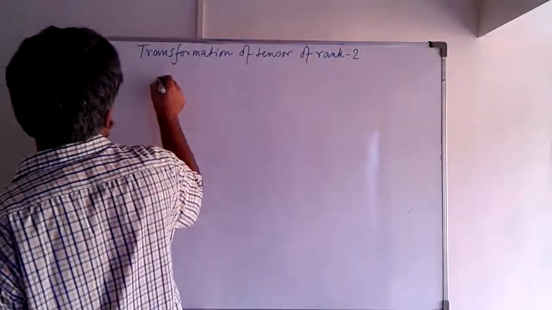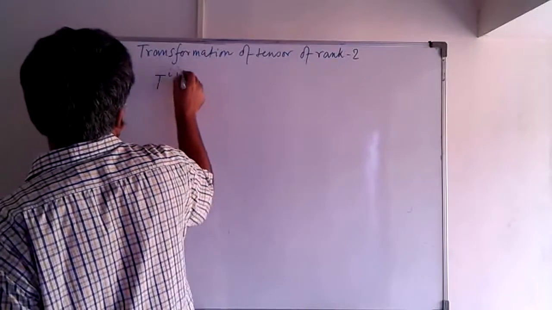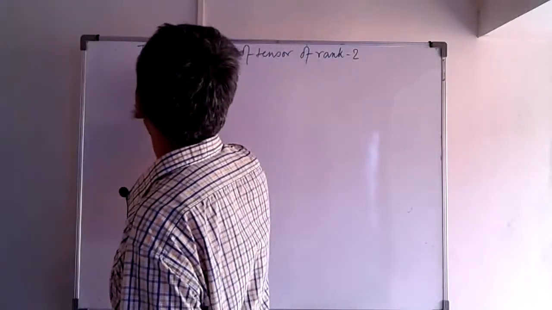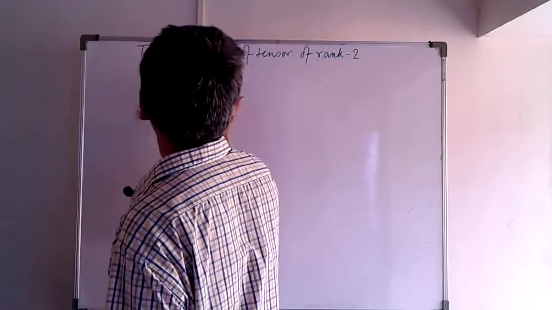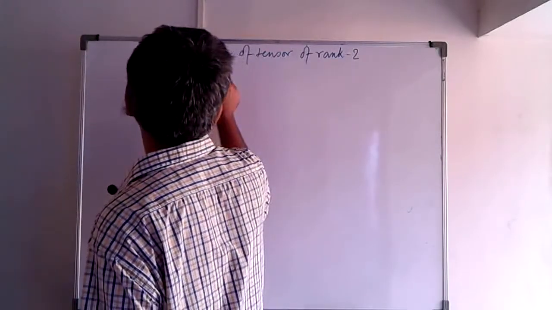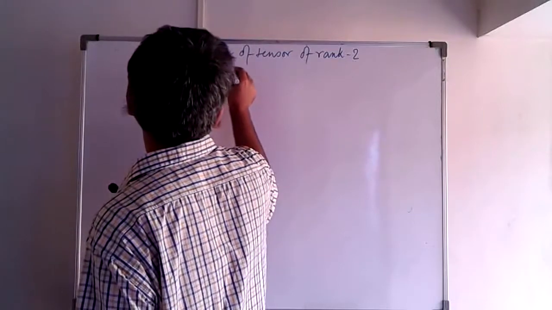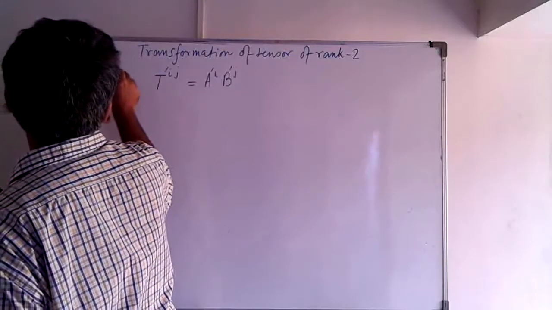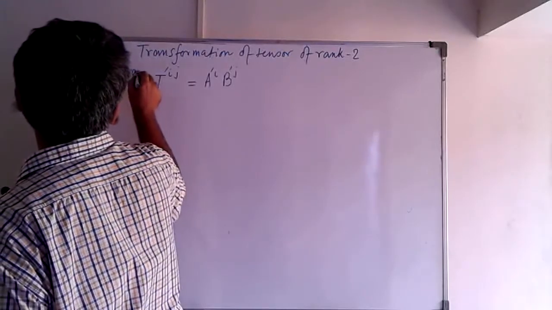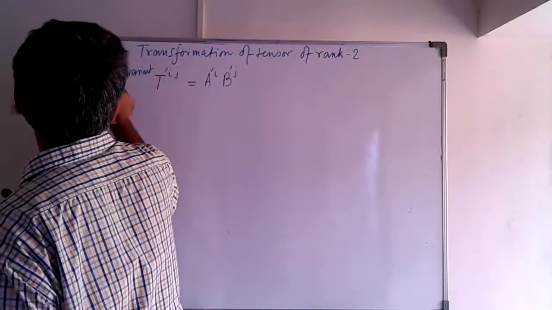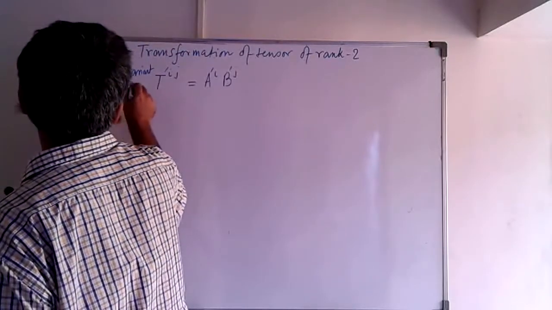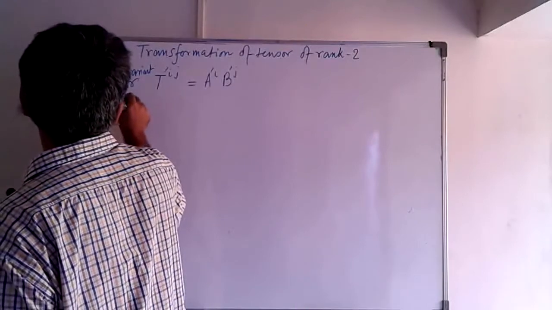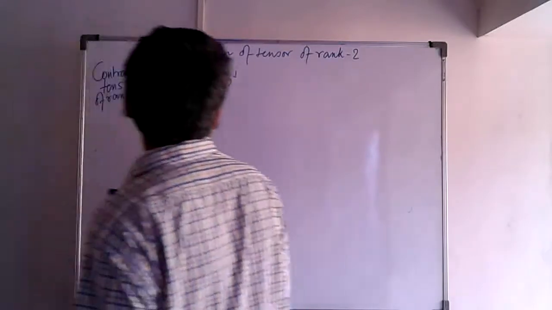Now suppose T ij prime, so it's in prime coordinates, you can write it as a product of two vectors, A prime i, B prime j. So this is a contravariant tensor of rank 2.